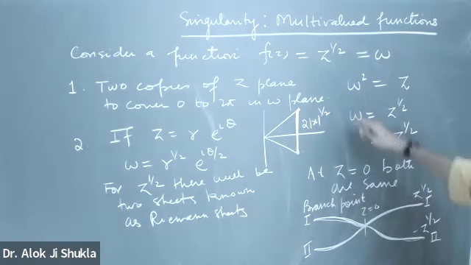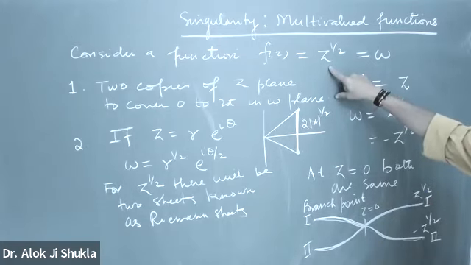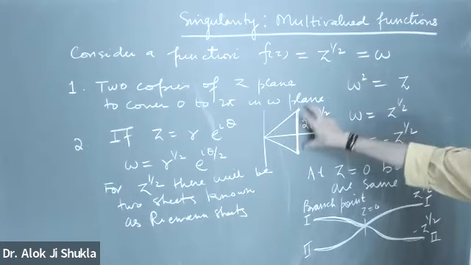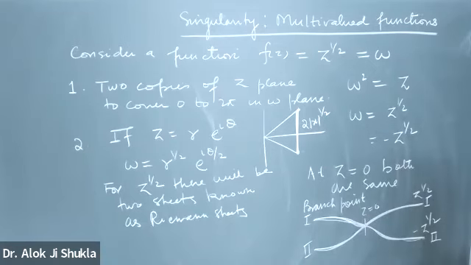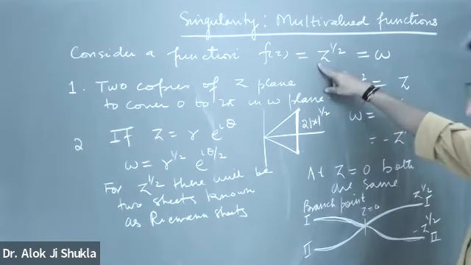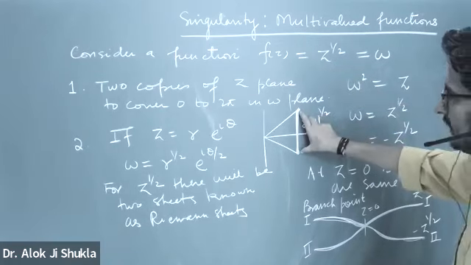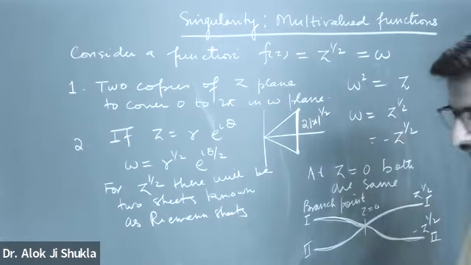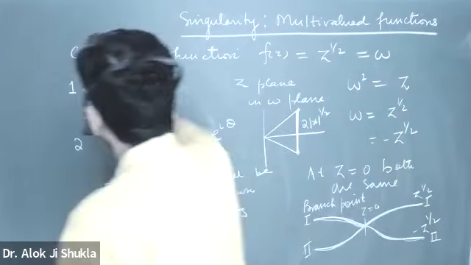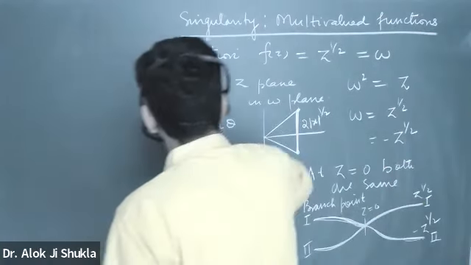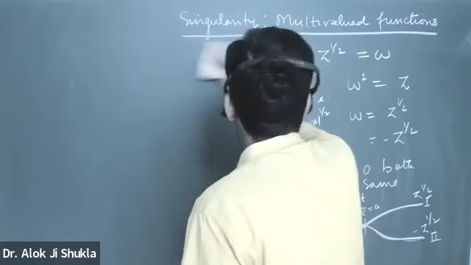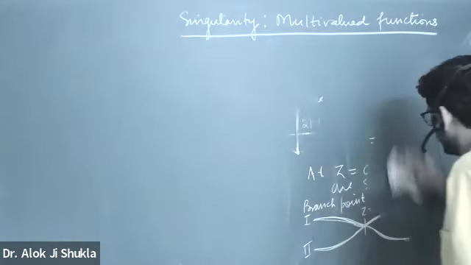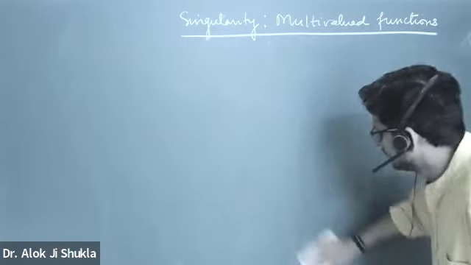If I take just the difference, this is (x plus i y) to the power half, and another one is minus that in front. So just to represent the difference, it will become this. And another type of branch point should also be understood right now.